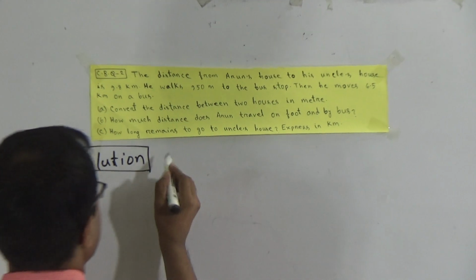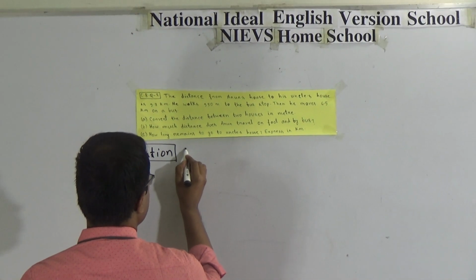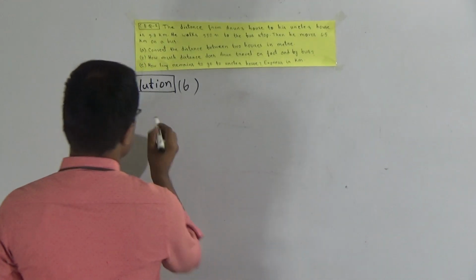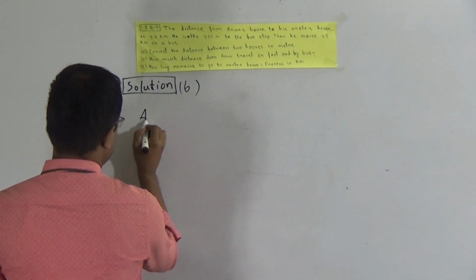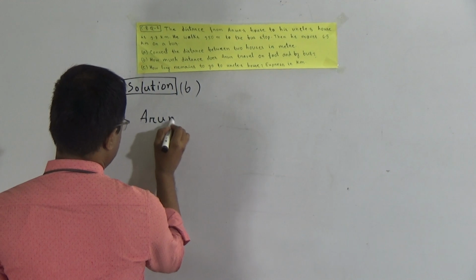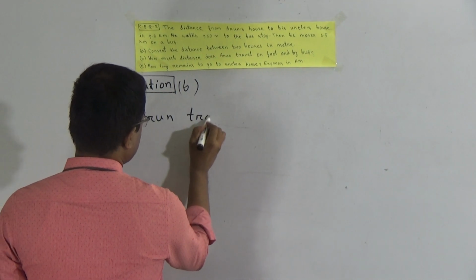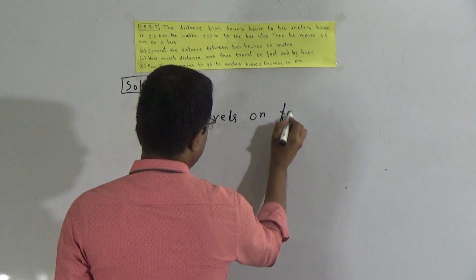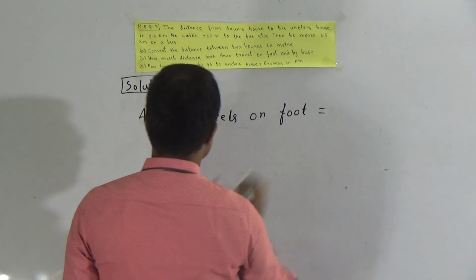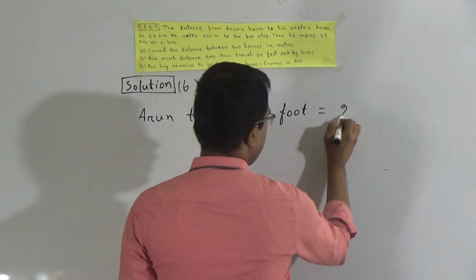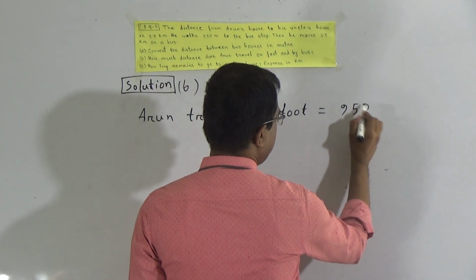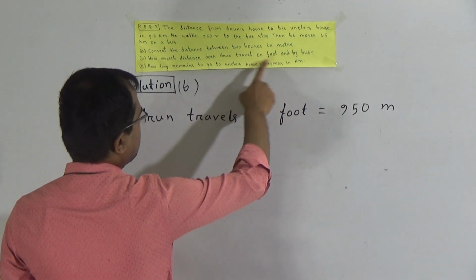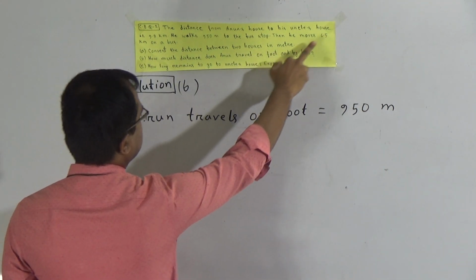B number. Arun travels on foot 950 meter. Here he travels by bus 6.5 kilometer.